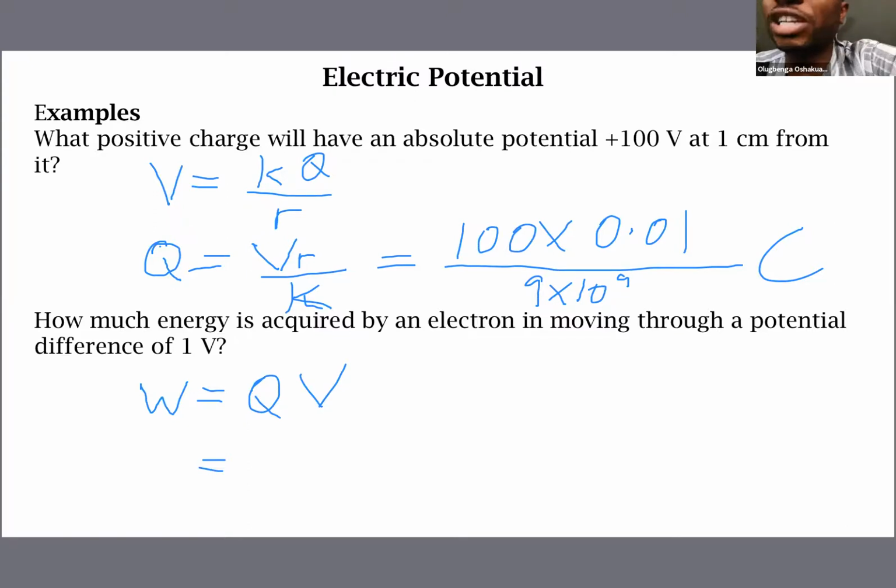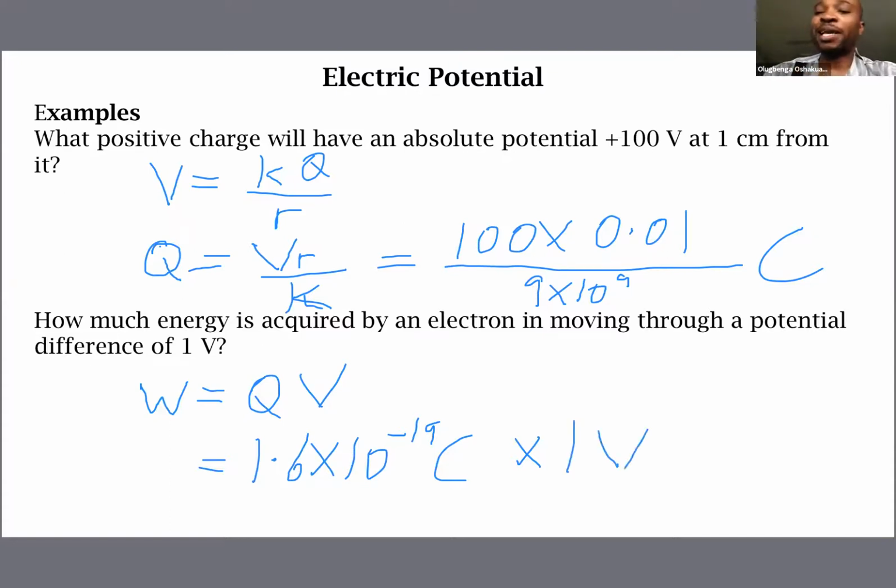We said an electron. By now, we should know the charge of an electron by heart. That is 1.6 times 10 raised to power minus 19 Coulomb, times 1 volt.